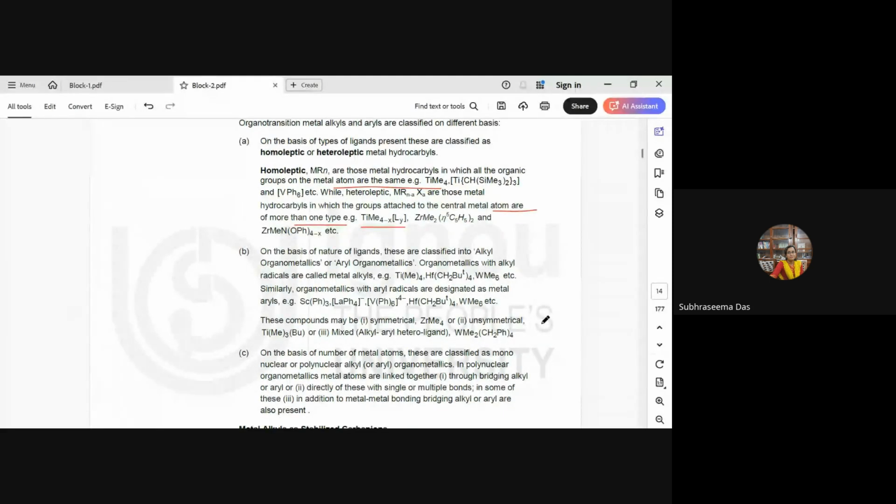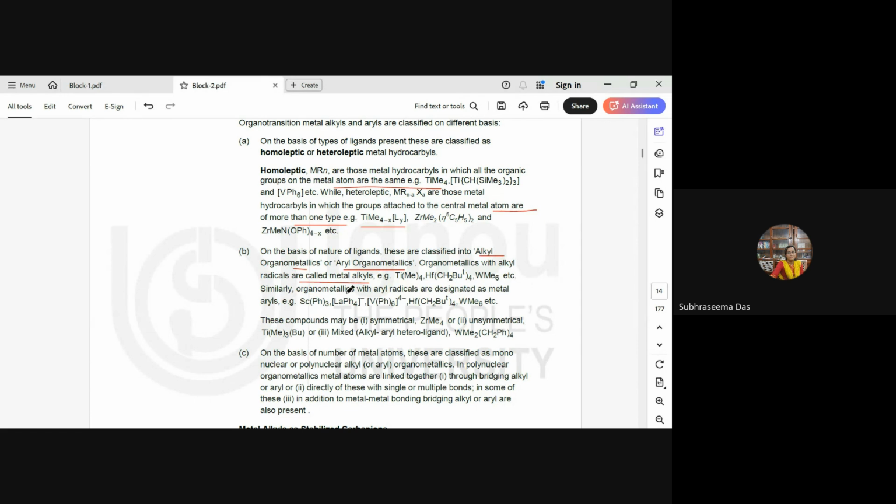Again, organo transition compounds have been classified on the basis of the nature of their ligands. They are classified into alkyl organometallics or aryl organometallics. Organometallics with alkyl radicals are called metal alkyls, like TiMe4, WMe6. They are simple organometallics with alkyl radicals.